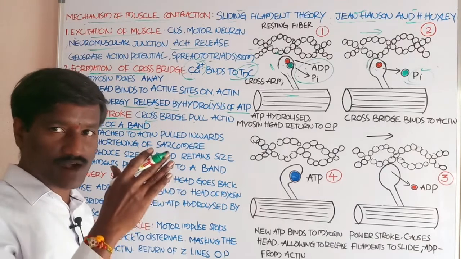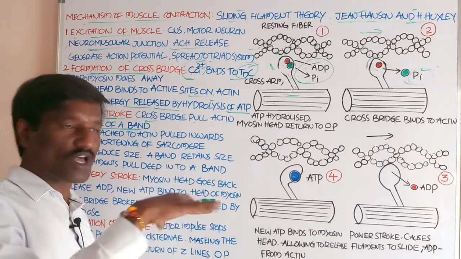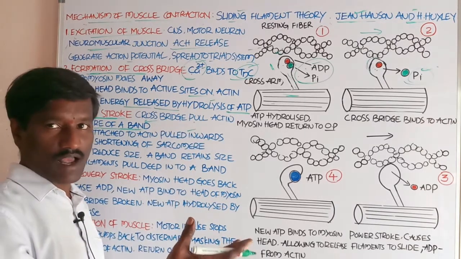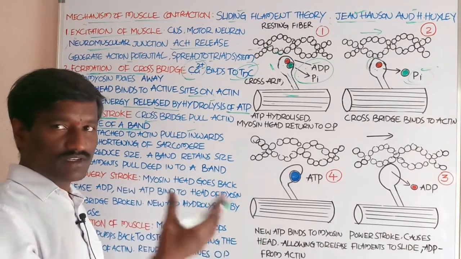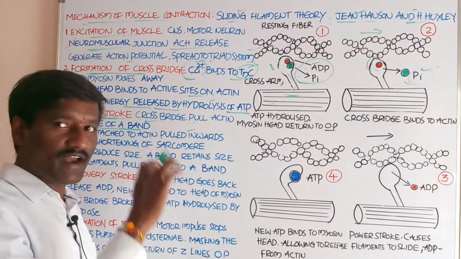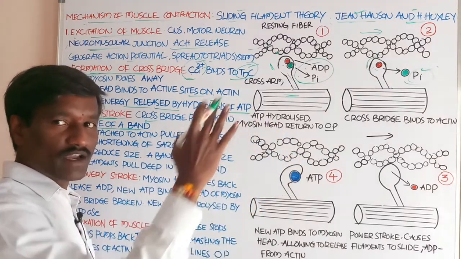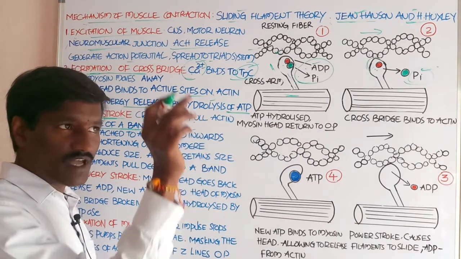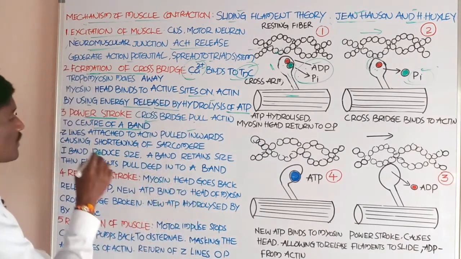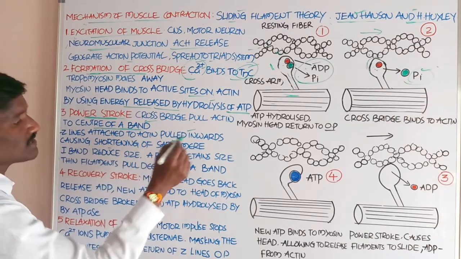The Z lines that are attached to the actin filaments are pulled inwards toward the middle region of the sarcomere, causing the shortening of the sarcomere.